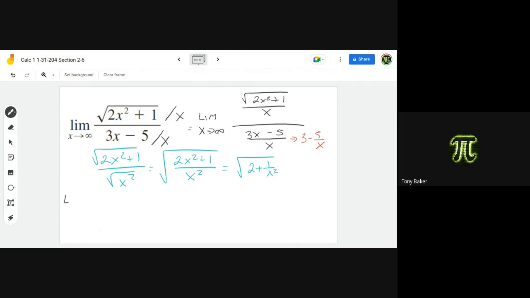All right, so now let me put it all back together. I have the square root of 2 plus 1 over x squared over 3 minus 5 over x.